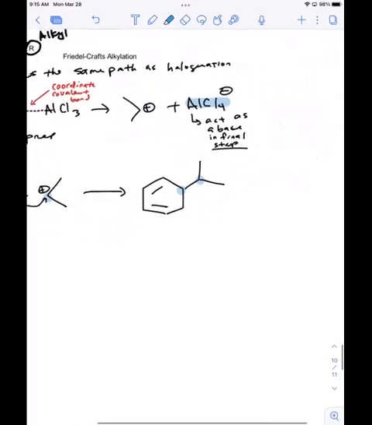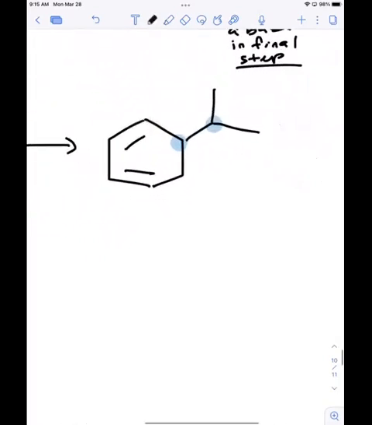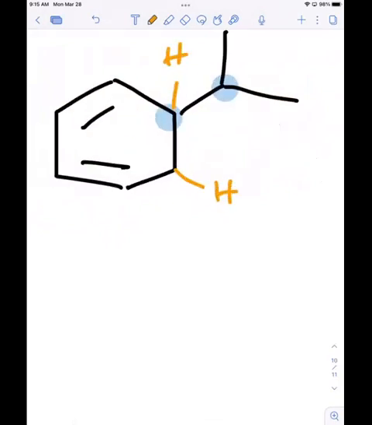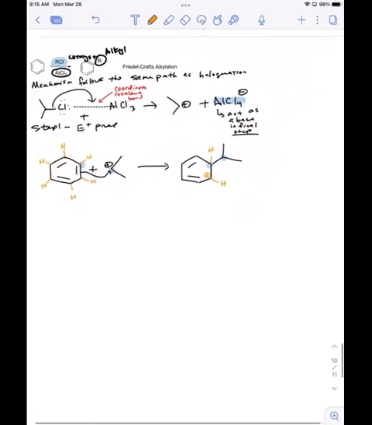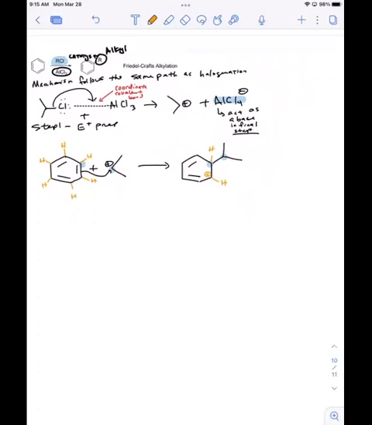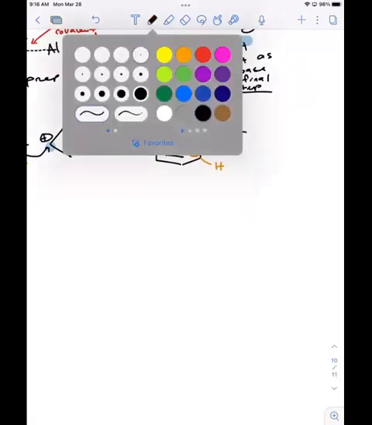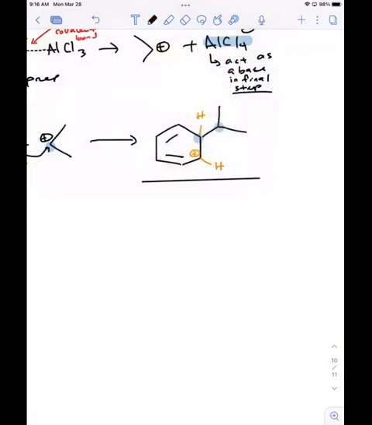Well, what happens to the bottom carbon? Because those hydrogens are still there, right? So I still have this here and this here, but this carbon now is deficient. So I need to put a positive charge there. Is that right? Yeah. Anytime I break a bond and take electrons away from an atom, I'm making that atom more positive, right?